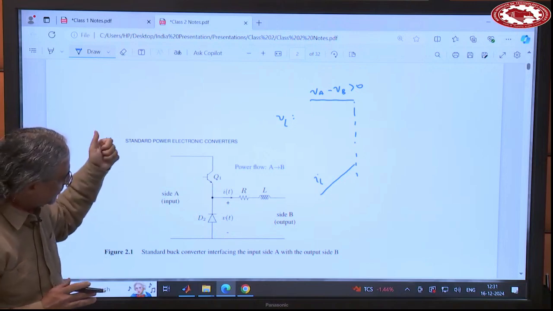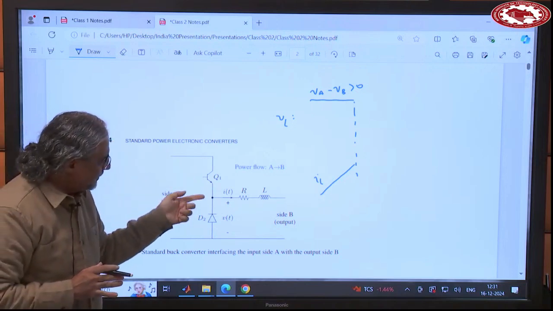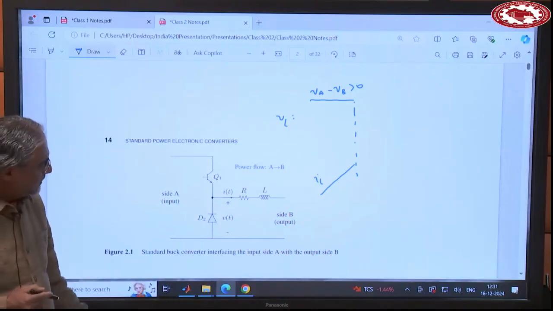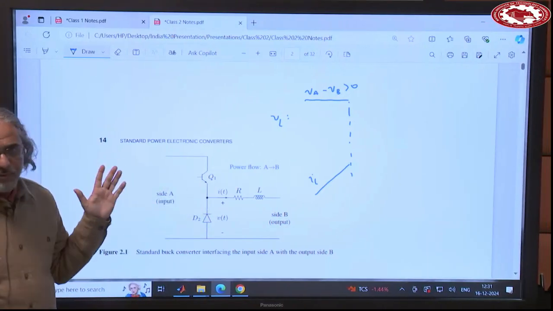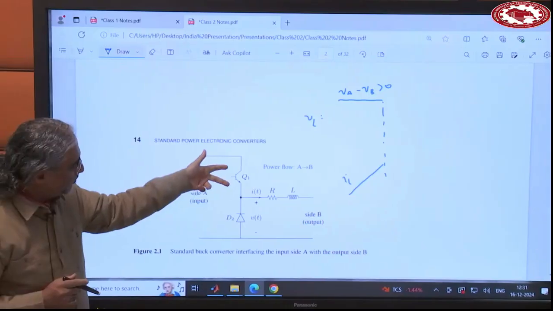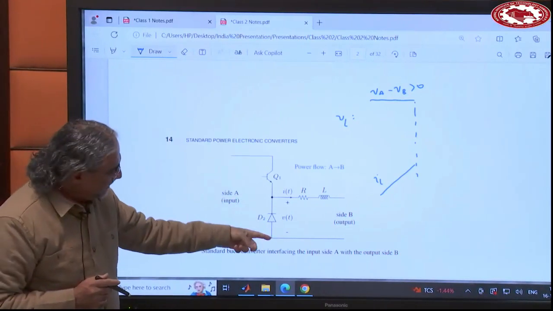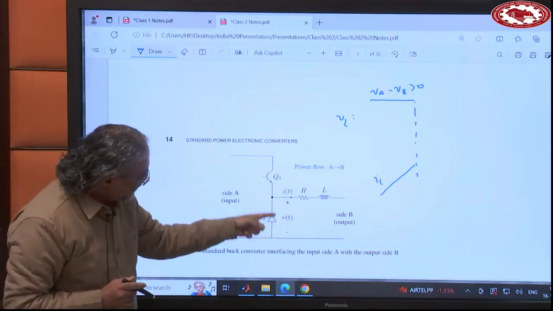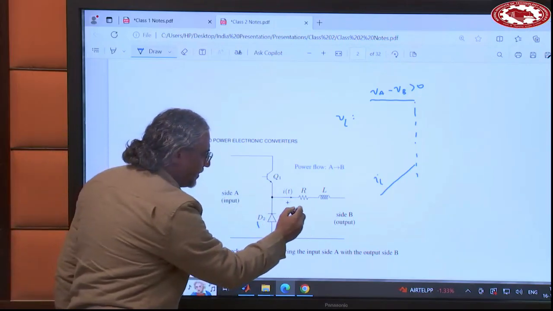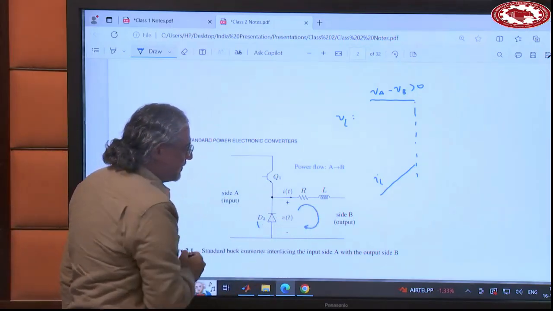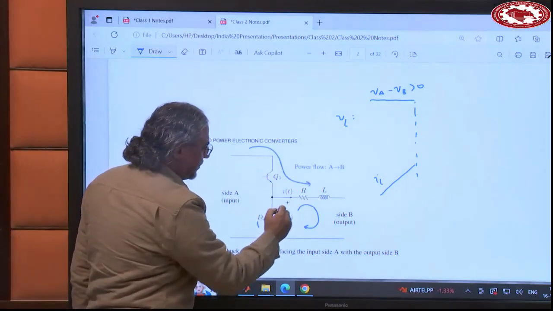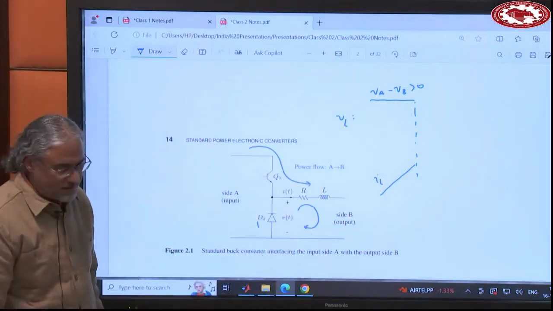When you turn off the switch, the current flowing into the inductor has to be continuous, and it has to find a path, right? You block this path, so it will continue through this diode. So now you have this loop closed. Before you had this one, now you have this one, right?